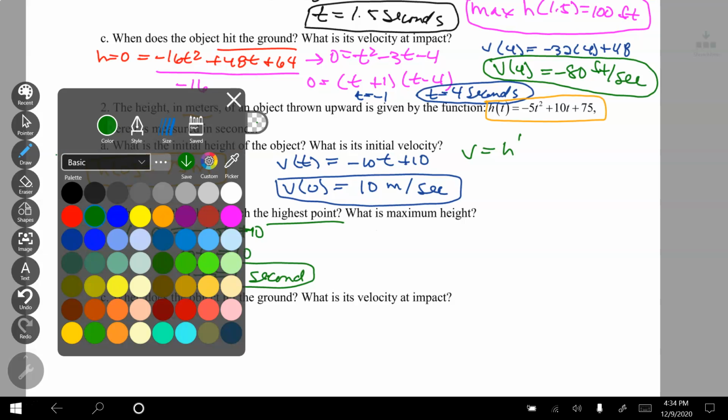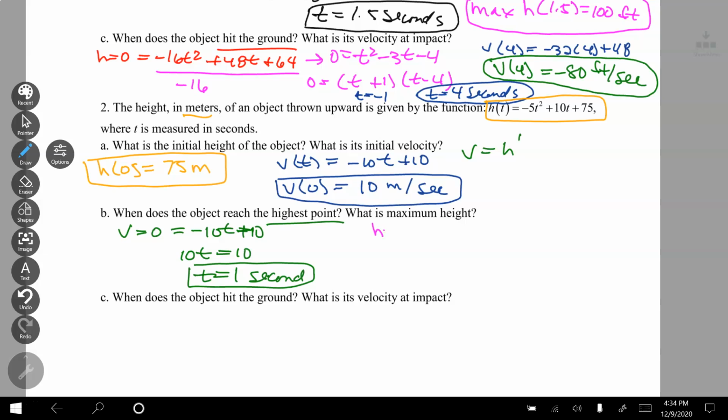What's the maximum height? Well, all I have to do is plug this into the height equation of negative 5 times 1 squared plus 10 times 1 plus 75, and I get the max height at 1 second is equal to 80 meters.